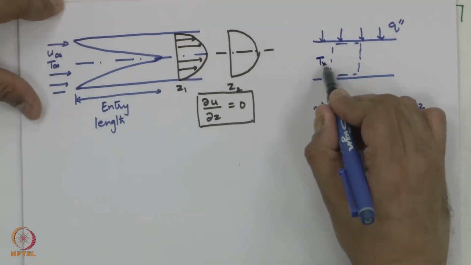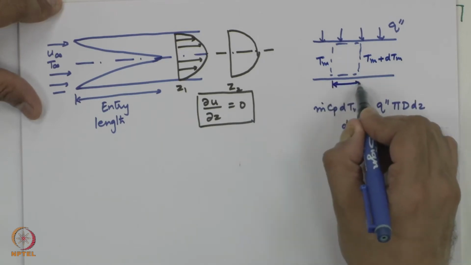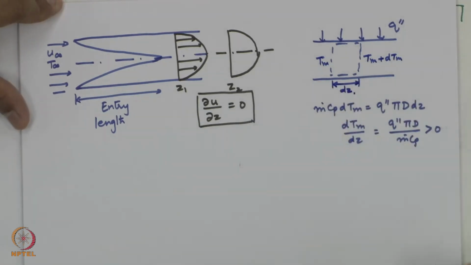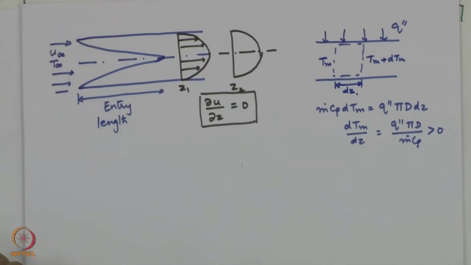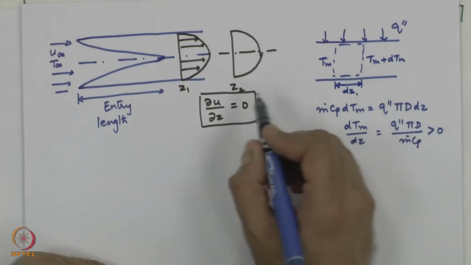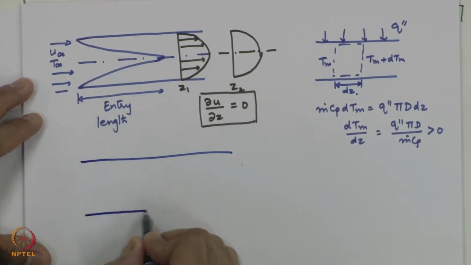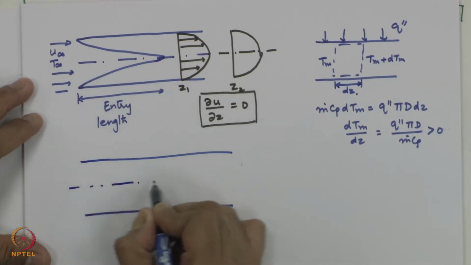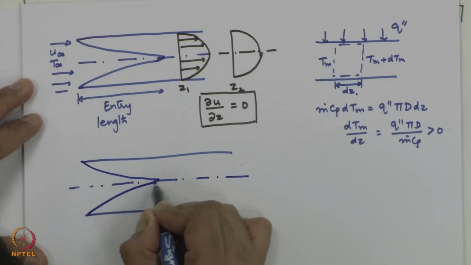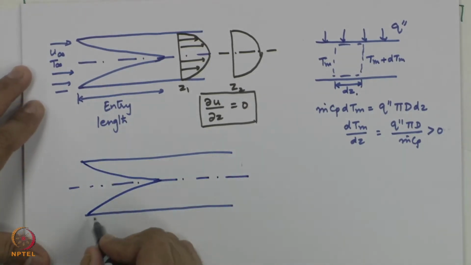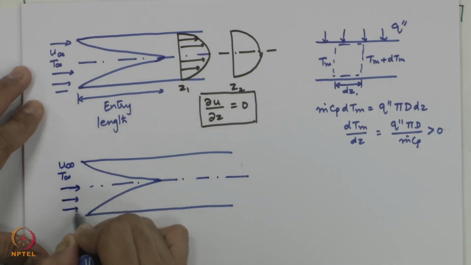If this was T bulk mean, it is going to be T bulk mean plus dTm over a change in the length dz. So, if we draw this again for a pipe, and let us say this is your thermal boundary layer, you will see what it is with respect to the hydrodynamic boundary layer, and this is u infinity, T infinity is the free stream coming in.